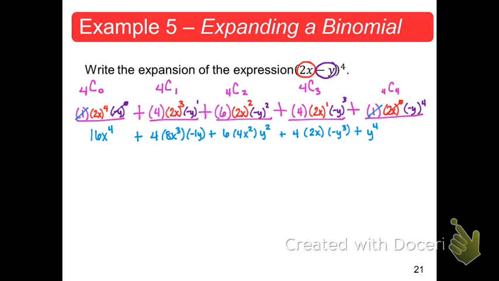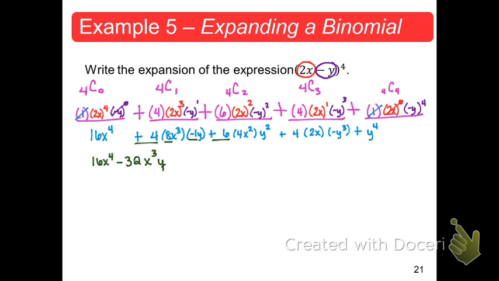Then we just got to go through and multiply those numbers. So I got 16x to the fourth. Then I've got 4 times 8 times negative 1, which is negative 32 x to the third, and then y to the first.